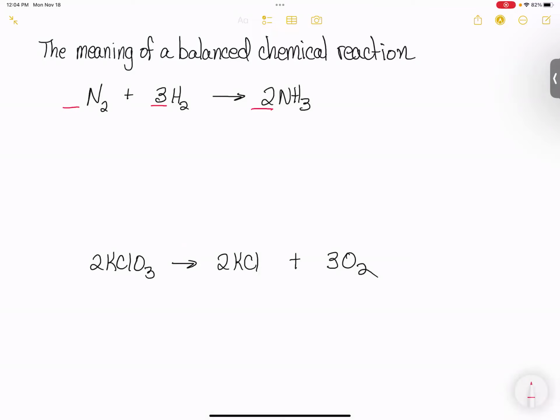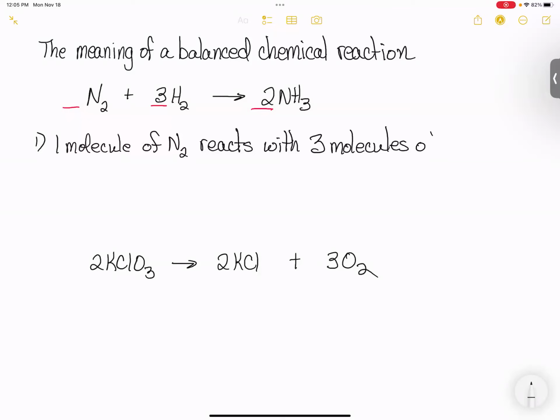One way to read this is that one molecule of N2 reacts with 3 molecules of H2 to make 2 molecules of ammonia.